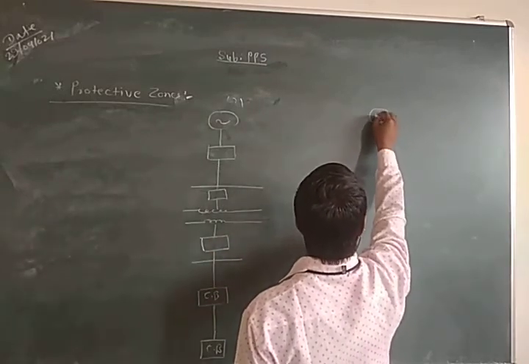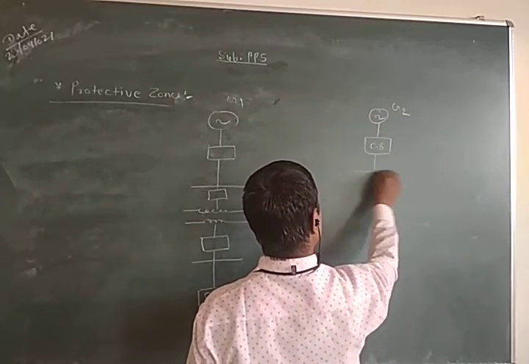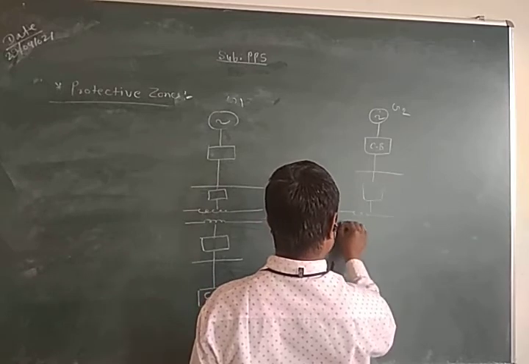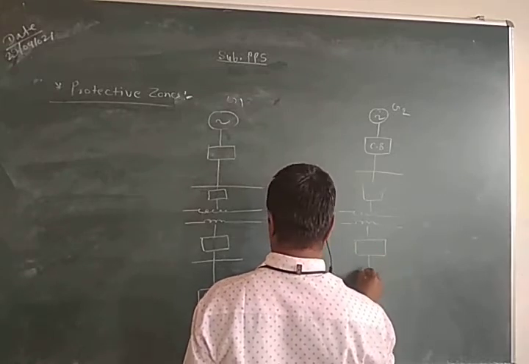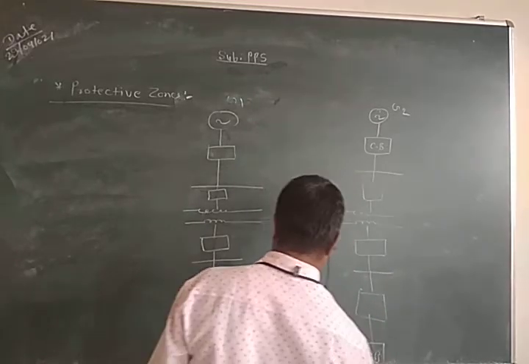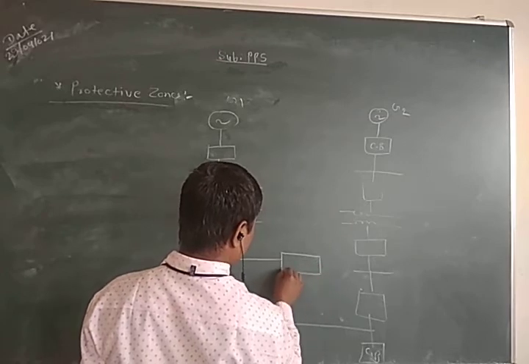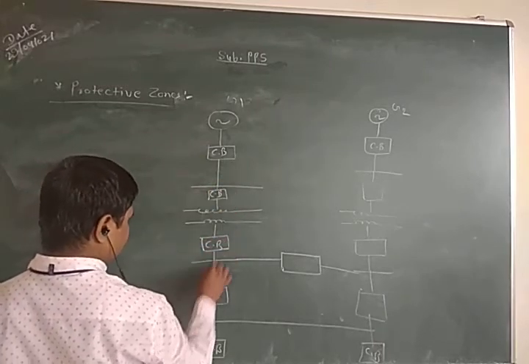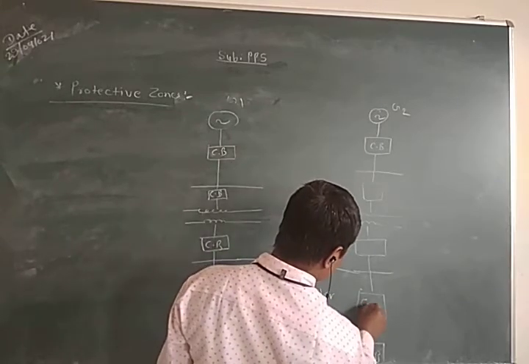Similarly, there is another plant where the generator is G2, circuit breaker, bus bar, transformer, and this is the bus coupler, circuit breaker, bus coupler.